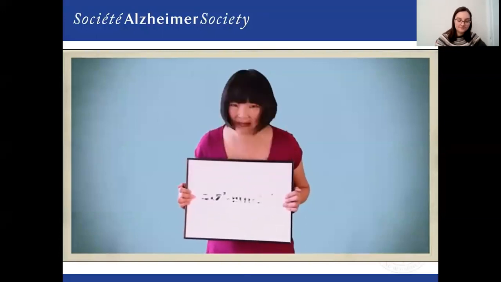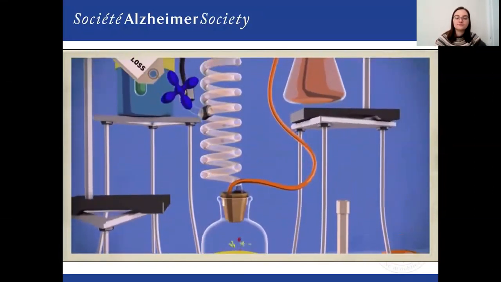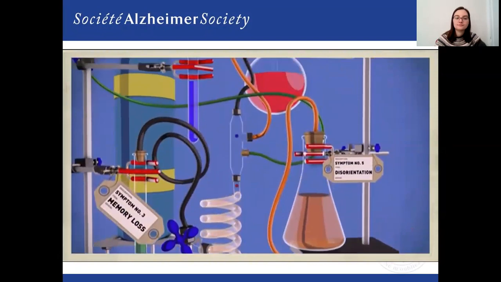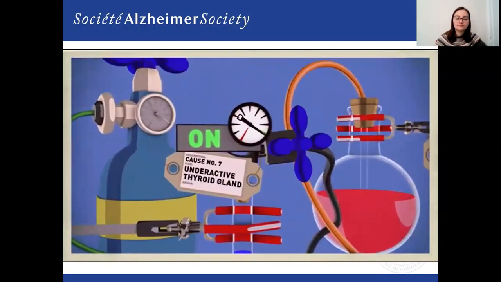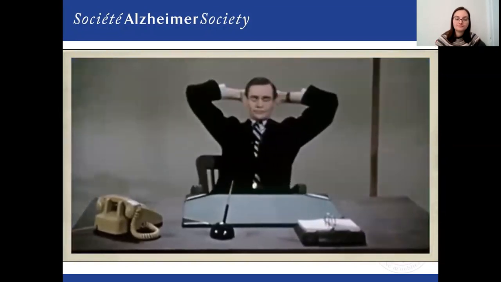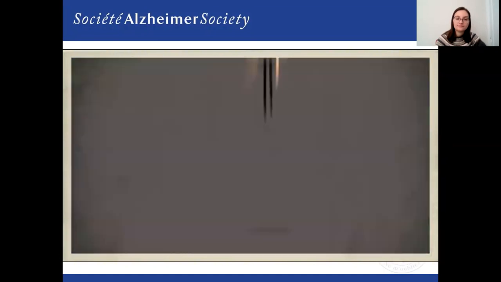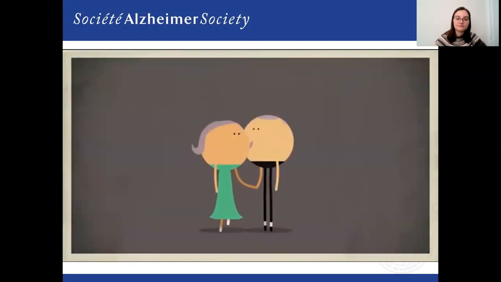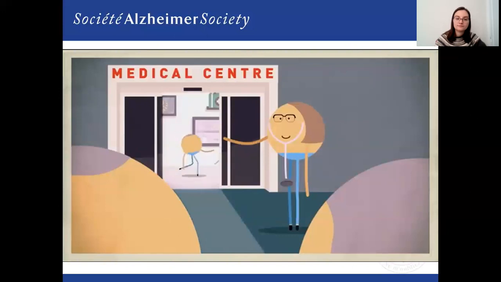And that's very important for your doctor to establish, because some causes of dementia, such as infection, medication reactions, an underactive thyroid gland, or vitamin deficiencies, can be reversible with the right treatment. So figuring out the cause and a plan of action could improve your quality of life. And that's why, if you or your loved one have the symptoms of dementia, you need to see your doctor to find out the underlying cause.